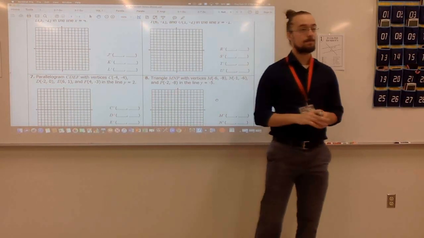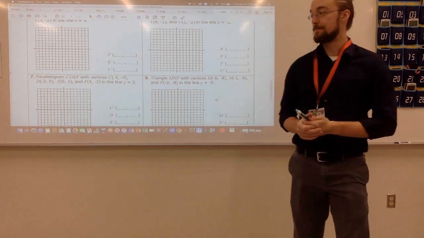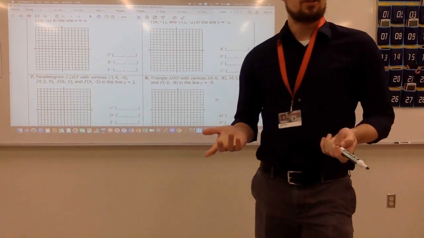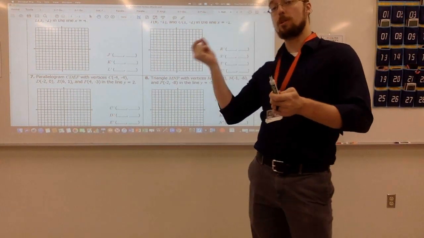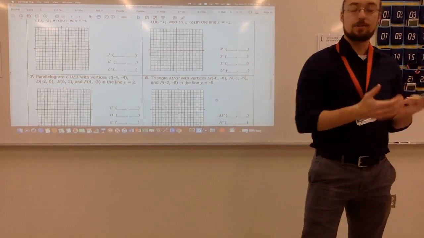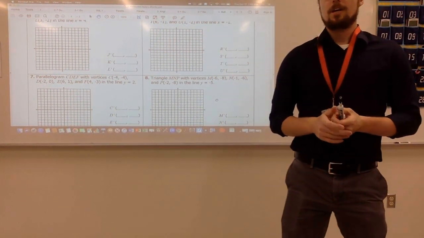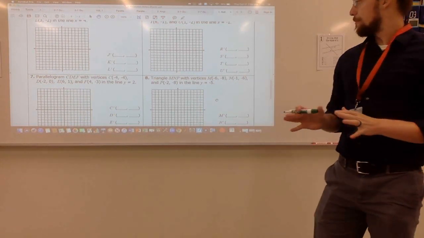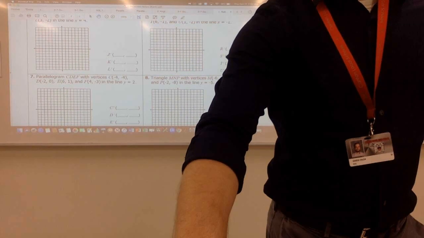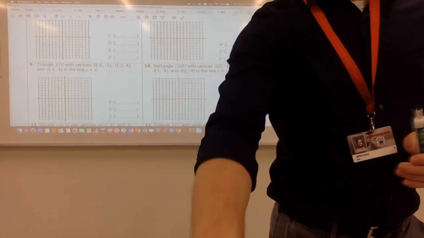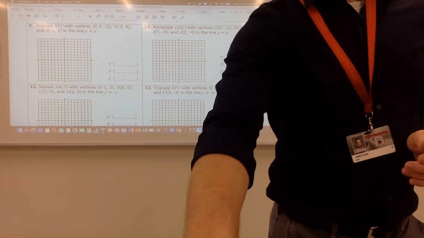You just count the distance from your point to the line of reflection, and go that same distance on the other side. Okay, so do we, general consensus, feel like we need a little more practice or not?